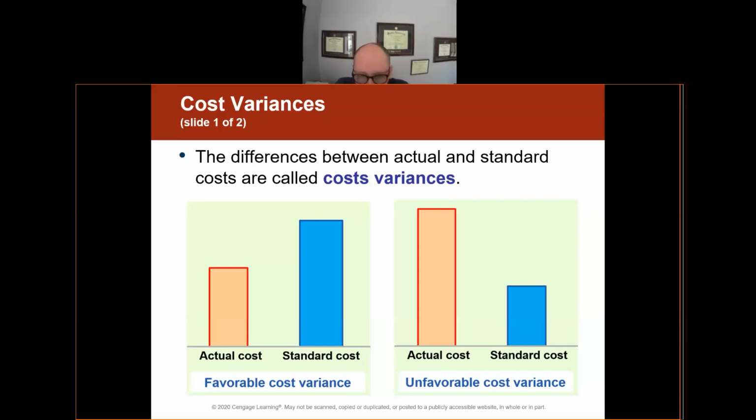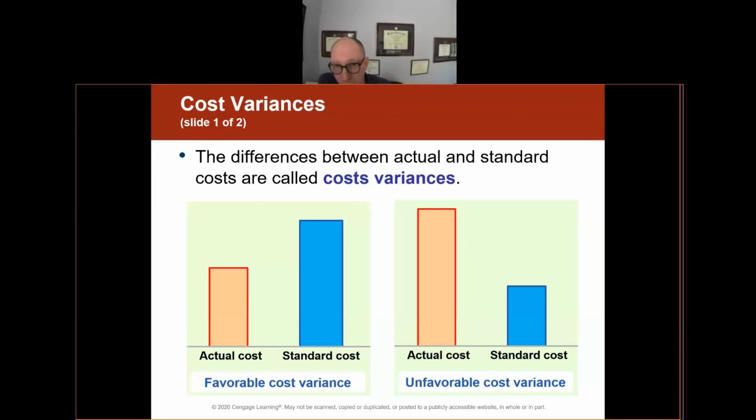If my actual cost is less than my standard cost, we consider that to be a favorable cost variance. Listen, anytime you come in under budget, that's favorable. If my actual cost is greater than my standard cost, that is called an unfavorable cost variance.